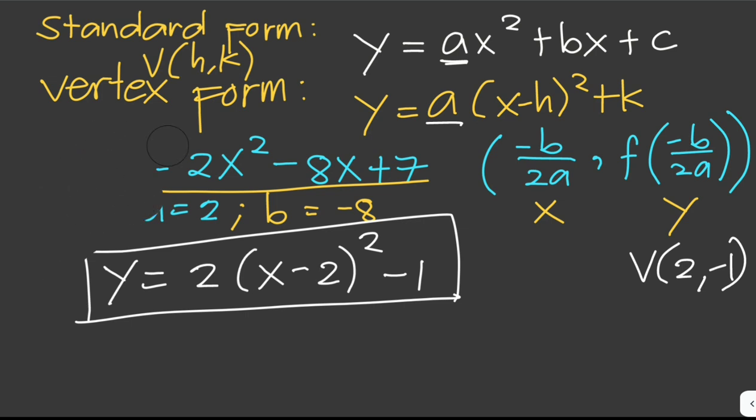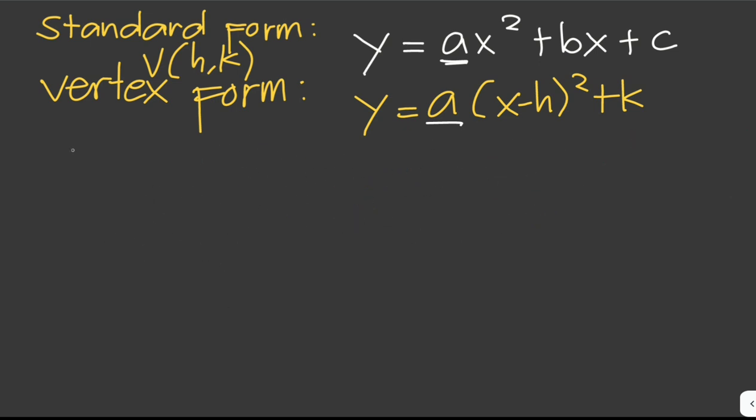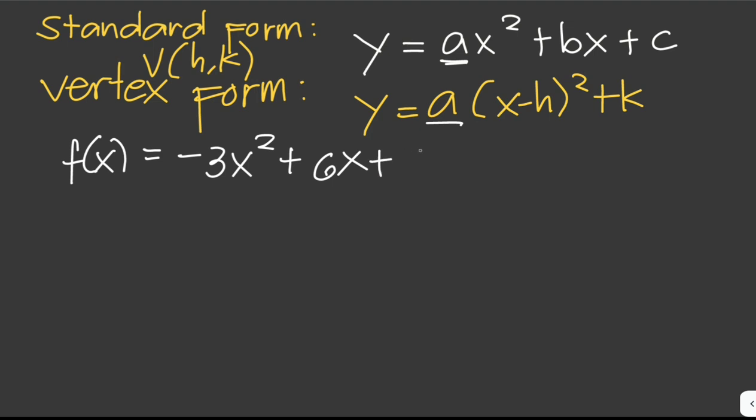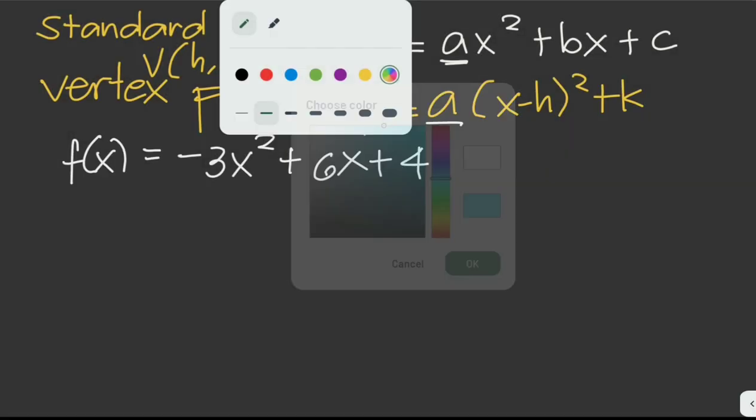Now let's solve another problem. Let's say we're given this function f of x equals negative 3x squared plus 6x plus 4, and we convert this to its vertex form.